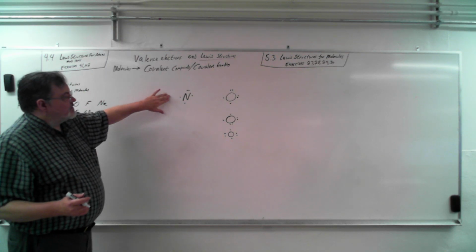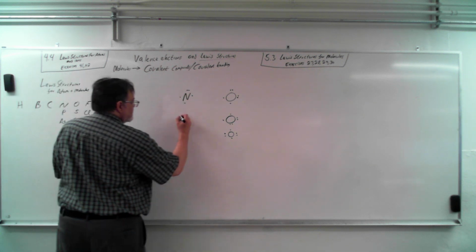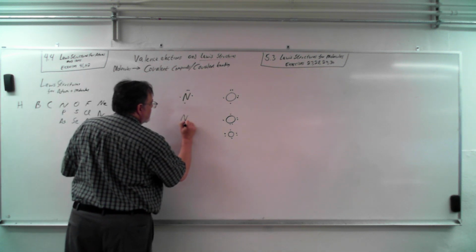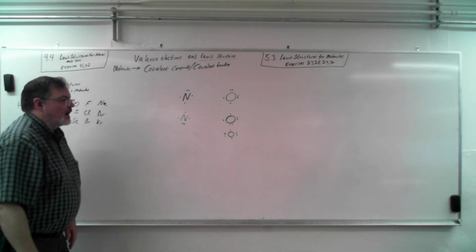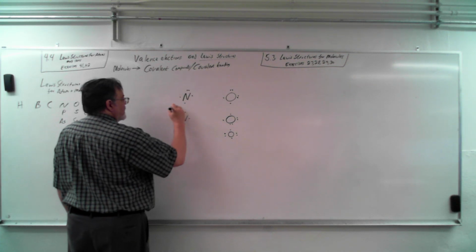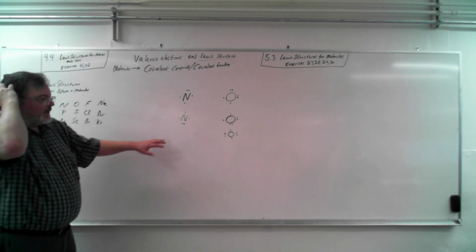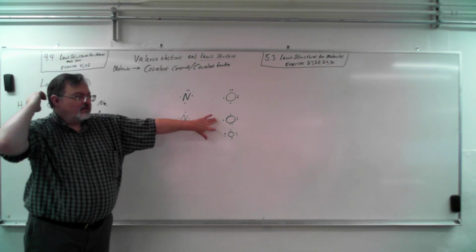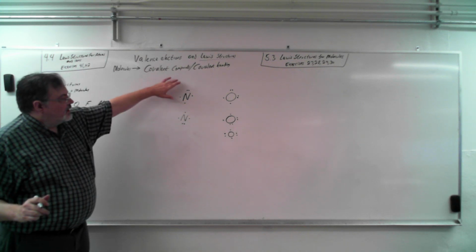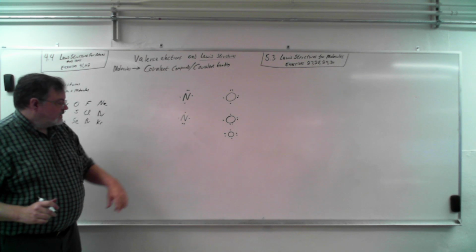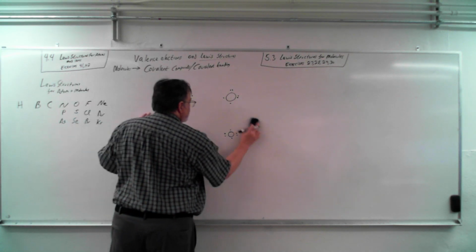When you're done with nitrogen, there should be a pair somewhere and then 3 singles, meaning this is a perfectly legitimate Lewis dot structure for nitrogen as well. I usually just start at the top and go around, so I end up with these. But just to point out, these are correct too. The point is 2 pairs and 2 singles here, 1 pair and 3 singles.